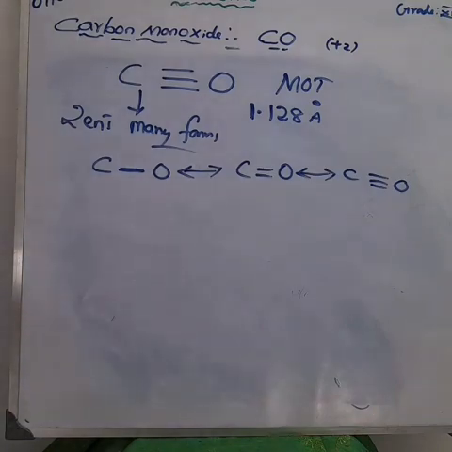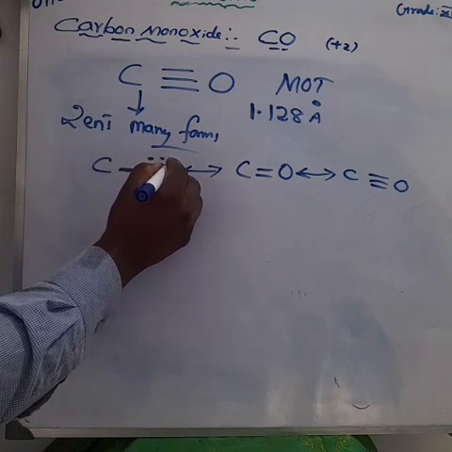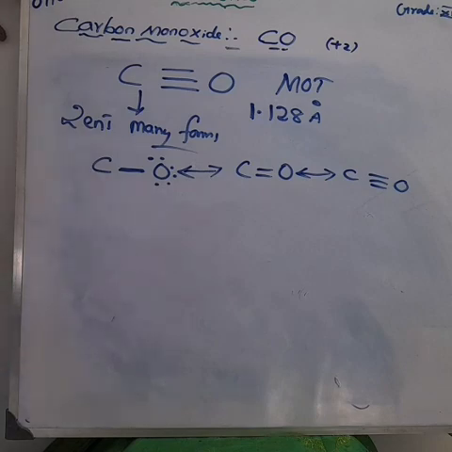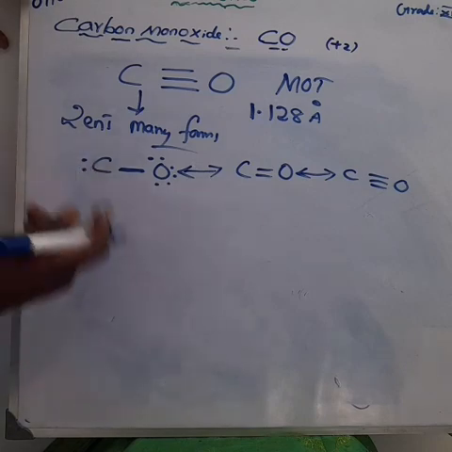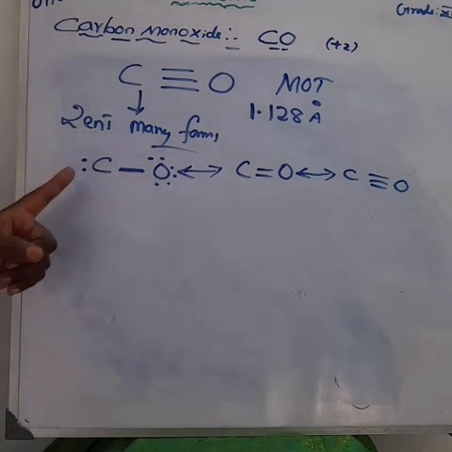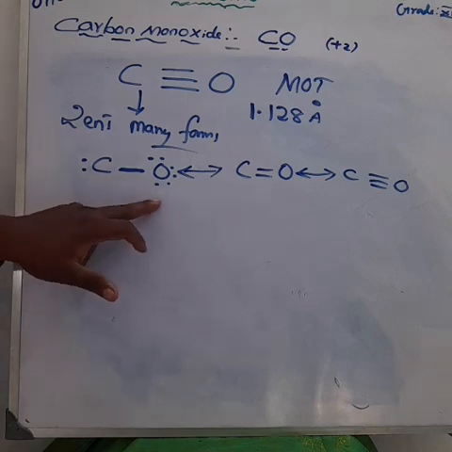Suppose there is one bond: oxygen gets 6 electrons. This is the condition we already learned. And the carbon also, I will explain in the next step. One bond means oxygen must have 6 electrons, and carbon has 2 electrons. Next, a double bond means oxygen has 4 electrons and carbon also has 2 electrons.